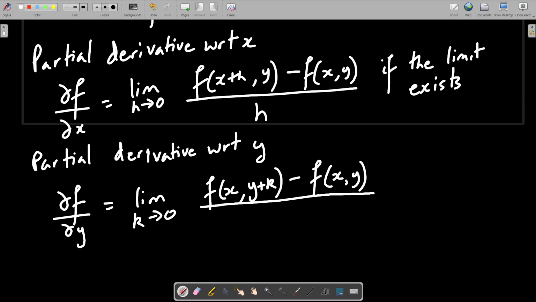I'll use a different alphabet here, k. So it is f of x, y plus k minus f of x comma y, divided by k. This is the same definition as the derivative, but I've kept the x variable constant and shifted only my y variable, and divided by the change.